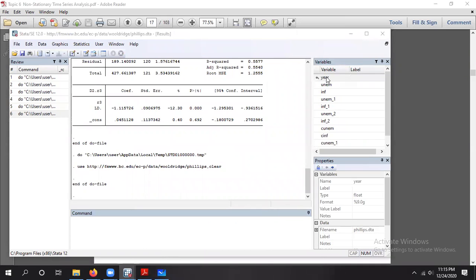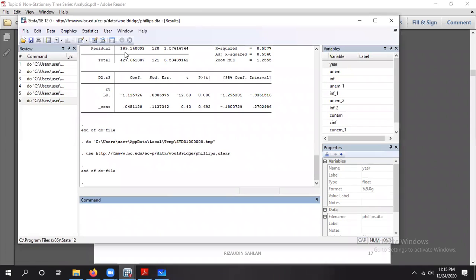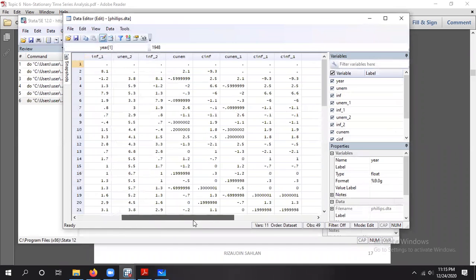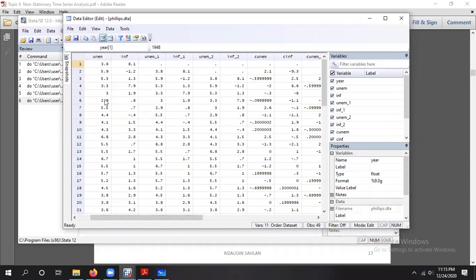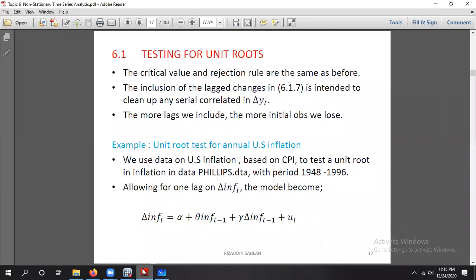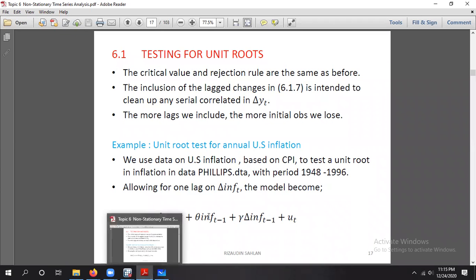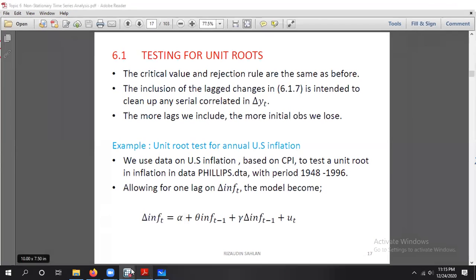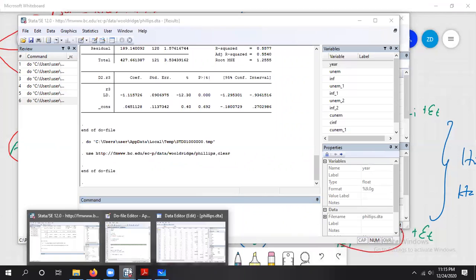This is the Phillips data, but we only concentrate on the inflation. Let's say we regress this data based on this equation.